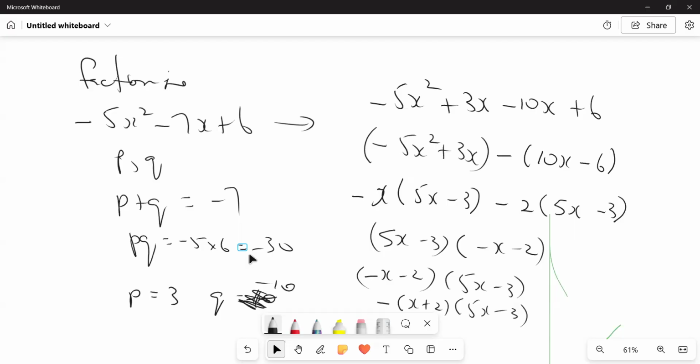Yeah, you might end up with the same thing, because to get the common bracket, you have to do this. Interesting.